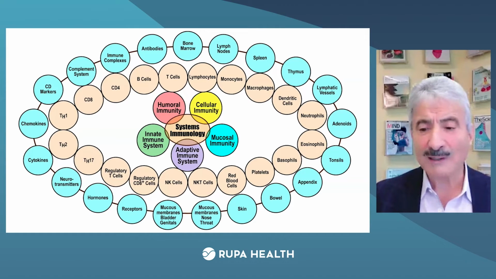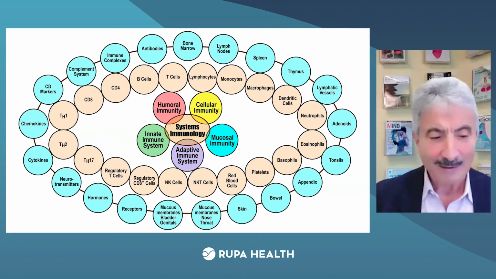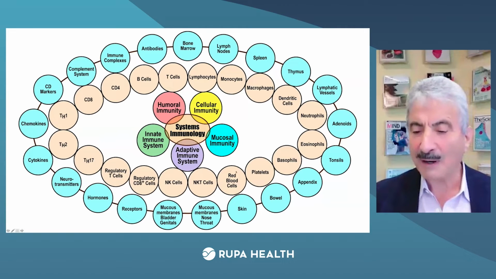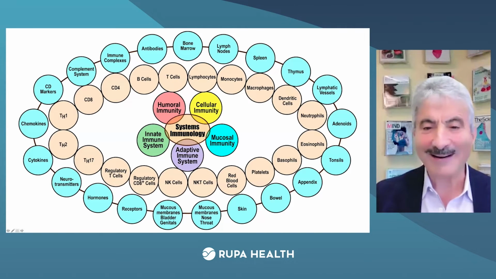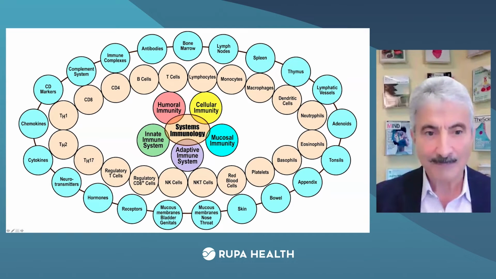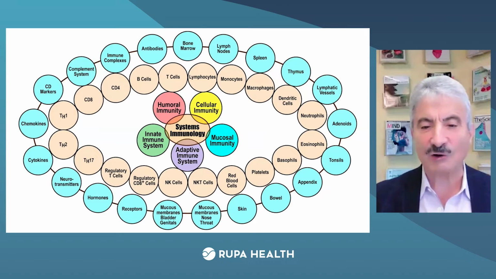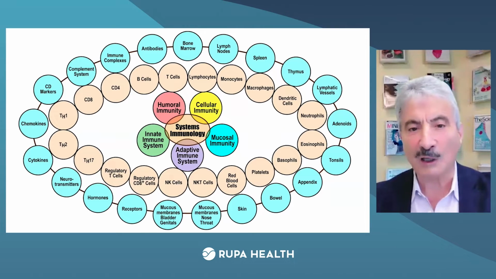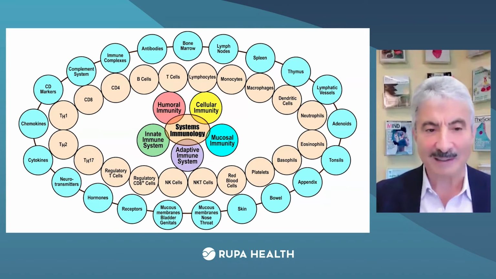It is very well established, and I'll give you a classical example: if the number of neutrophils is elevated in the blood, automatically the neutrophils affect the number of natural killer cells. So high neutrophils correlate with low natural killer cells.